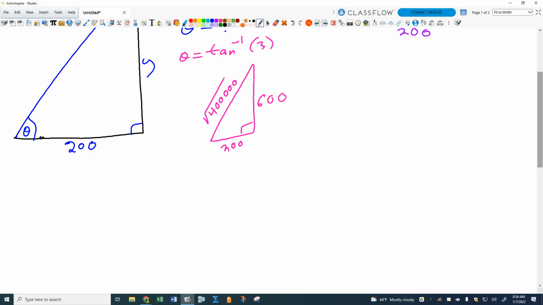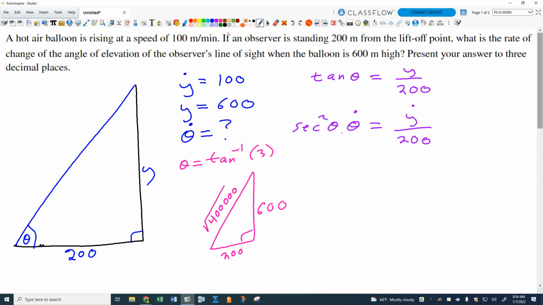Square root of 400,000. Okay, it's not a perfect square, I'm assuming, but I'm sure it'll simplify a little bit. We can do that later. So there's our reference triangle. Well, look, our answer, if we're solving for theta dot up here, theta dot is just y dot over 200 times the reciprocal of secant squared, which is what?